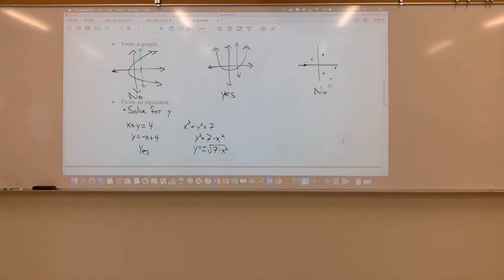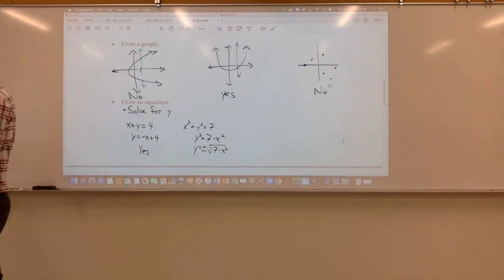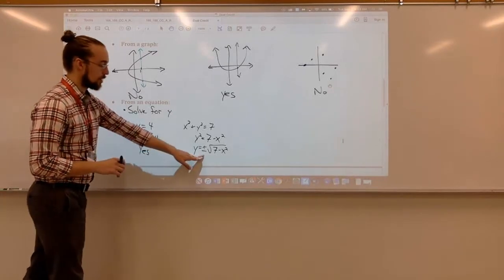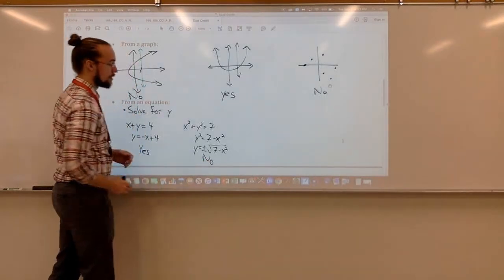In this case, am I going to get more than one output value for each input value? Yes, because of that plus or minus. I'll get 2 different output values for every input value because of that plus or minus, except for the square root of 7, because that will give me 0. So in this case, this does not give me a function.